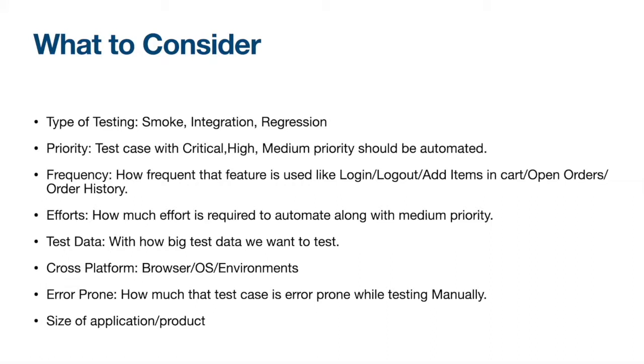Another one is the effort. It's a very critical aspect in choosing automation test cases: how much effort is required to automate, along with their priorities, like medium priorities. Suppose in an application, you need to download a file which displays a template of a certain form which you fill in.